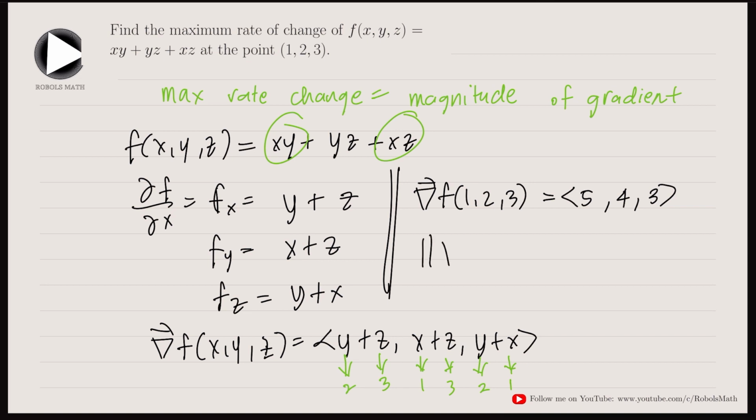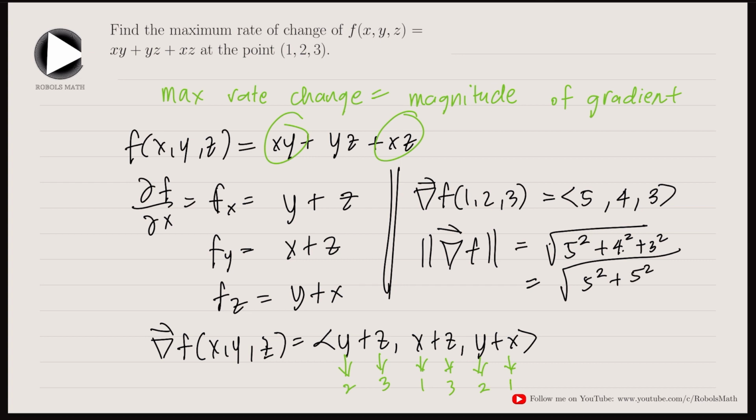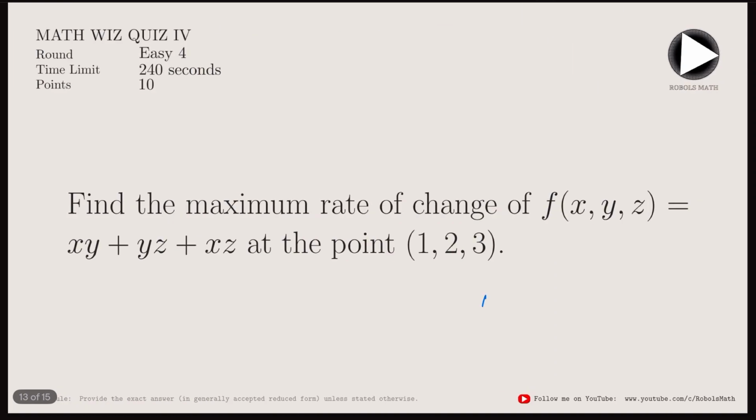So the magnitude of this gradient is the square root of 5 squared plus 4 squared plus 3 squared. We know that 4 squared plus 3 squared is 5 squared, so this is basically equal to 5 square root of 2. So the maximum rate of change is 5 square root of 2, and that's our final answer.